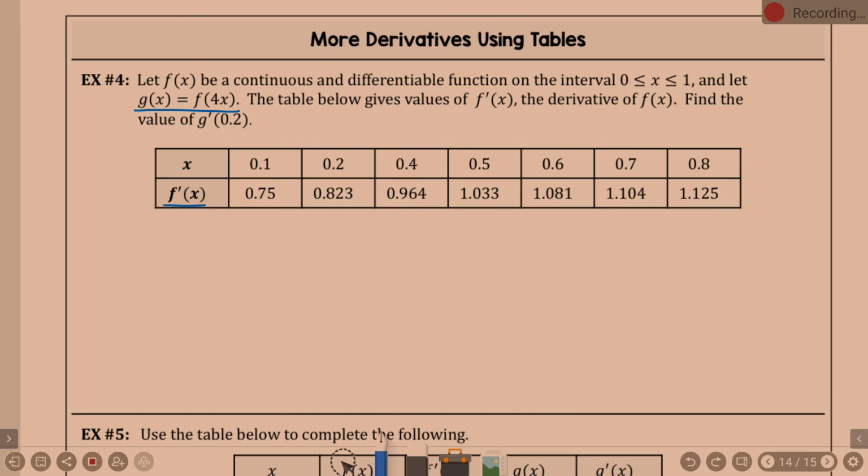So here's what I would start with. You could start with the 0.2 in there, but I'm going to just say, let's start with the fact that g of x is equal to f of 4x, correct? They're asking me to find g prime of something. So let's come up with a rule for g prime of x. What's the rule for g prime of x going to say?